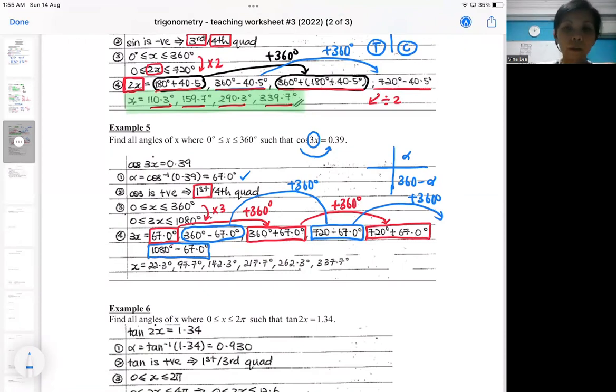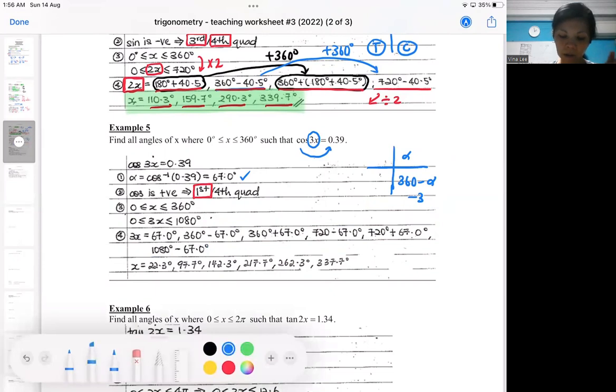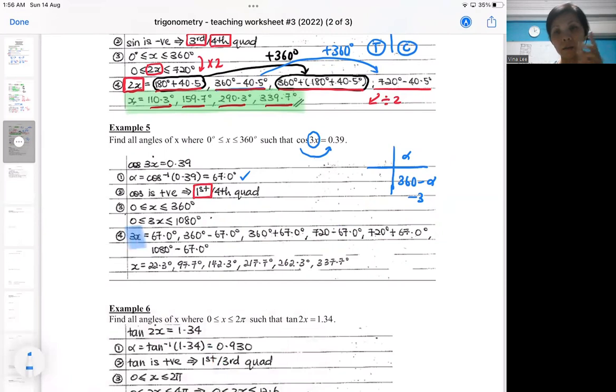So 3x visited the first quadrant 3 times, and the fourth quadrant 3 times. So all these are done by 3x. Because of this, there are 6 sets of answers for 3x. And each of the 6 answers, you've got to divide by 3.